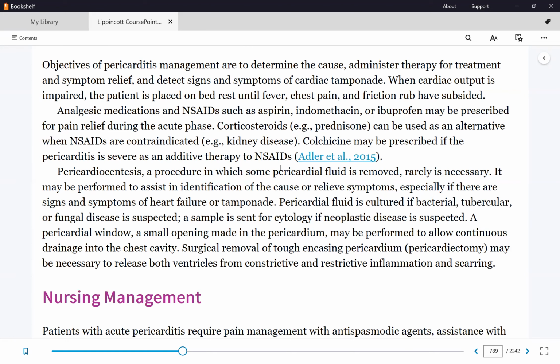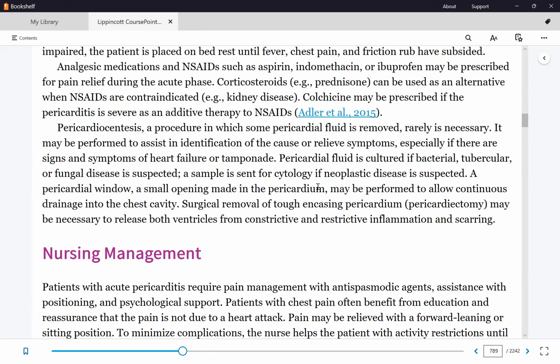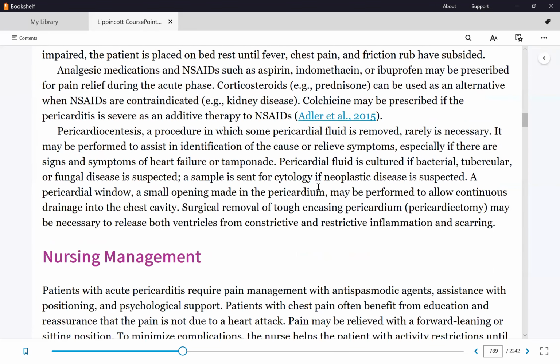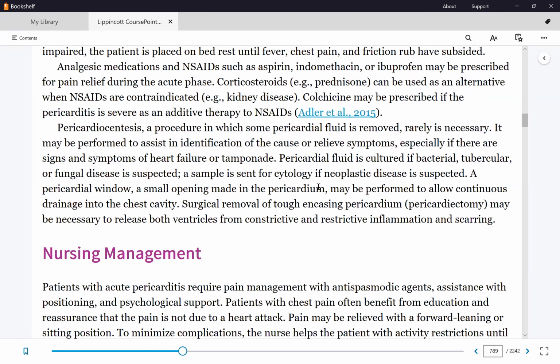In some cases, let's say it's not cardiac tamponade. Let's say it's pericardial effusion, which can be caused by cancer. Let's say you have some lymphoma, a tumor in your thoracic cavity. If it's neoplastic disease, neoplastic means it's cancer, what they'll do is create a pericardial window.